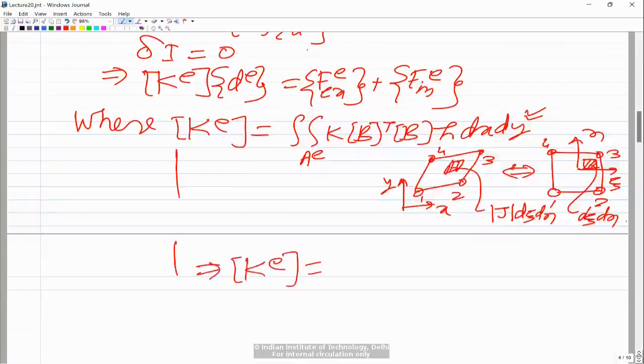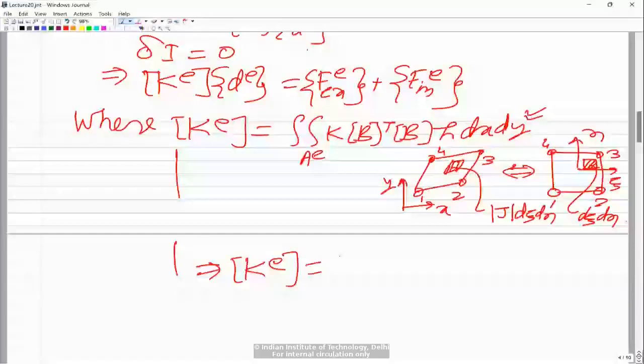So therefore from this expression we can write this Ke. We can write dx dy, I mean the integration, as determinant J d xi d eta. We are saying that the area over the physical coordinate space is equivalent to determinant J times d xi d eta, that is the integration over the natural coordinate space. And in the natural coordinate space, the xi and eta coordinates are varying from -1 to +1.